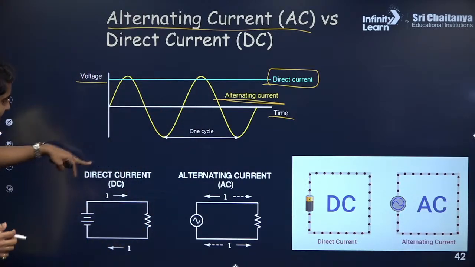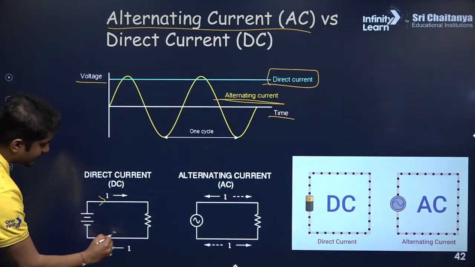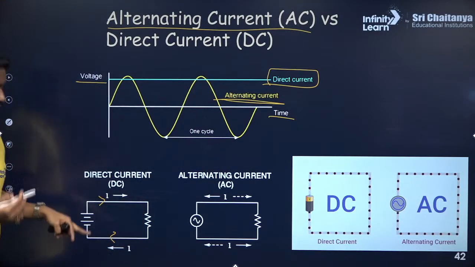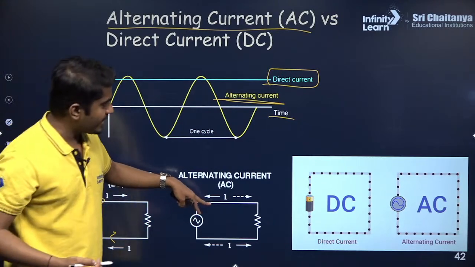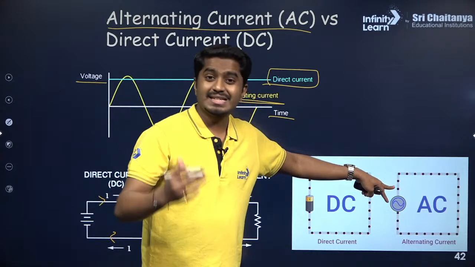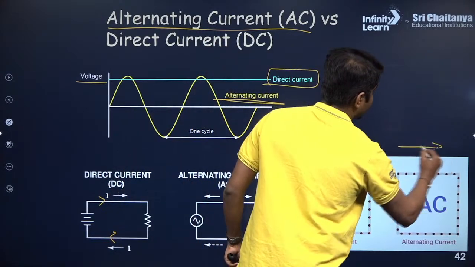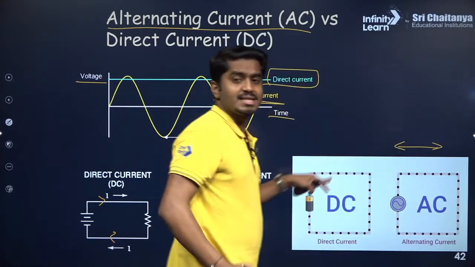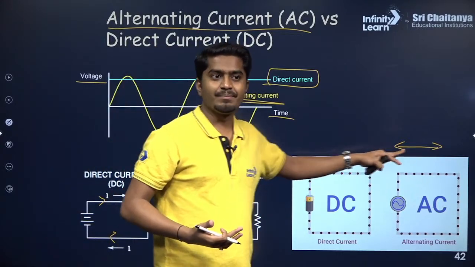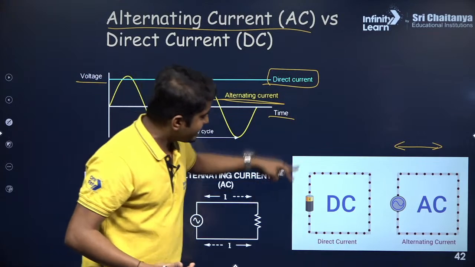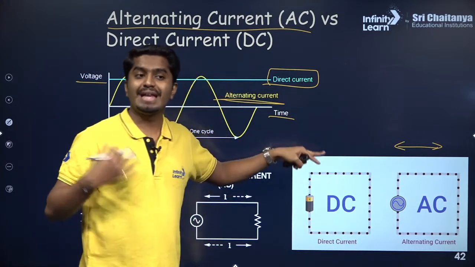Then the direct current is unidirectional. There is a proper direction for the current. In alternating current, you see here, this current fluctuates, the direction changes, so it will depend on the frequency of the AC, right? In DC, the current is uniform, unidirectional.